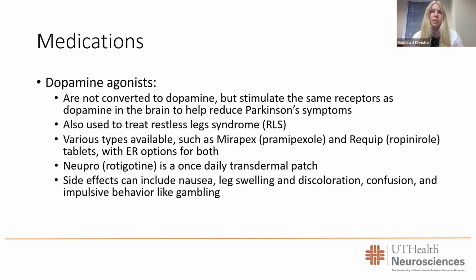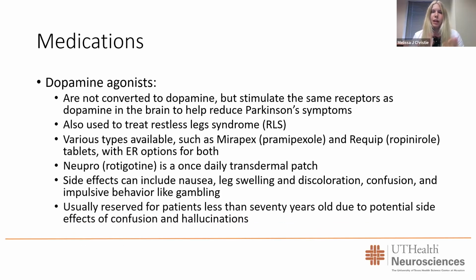So it can have some serious side effects that we do need to counsel for, and usually make a family member aware of as well to look out for, because sometimes the person taking it may not realize they're starting to get these impulsive behaviors.